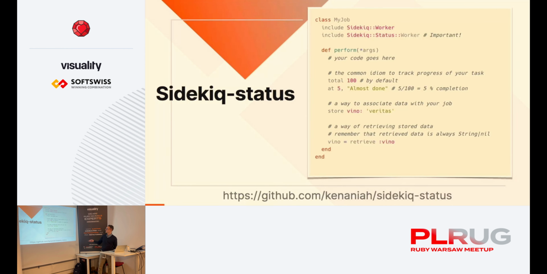This is the code snippet from the README of this gem, and there is a simple API. There is a total, and you specify what is the completion stage of the job, and then in the job you can specify at and the number. And this indicates the progress of the job.